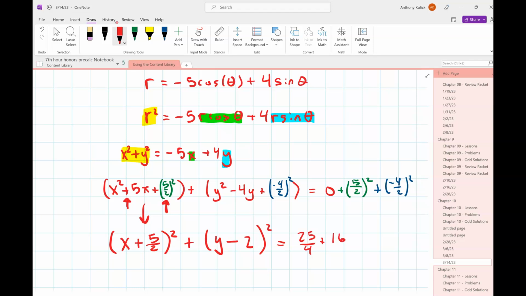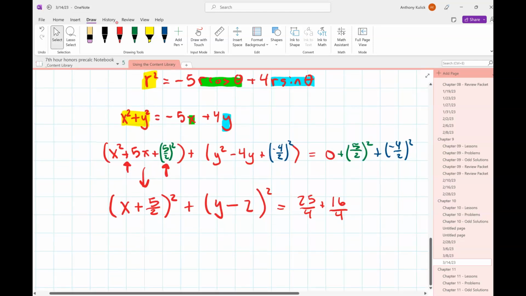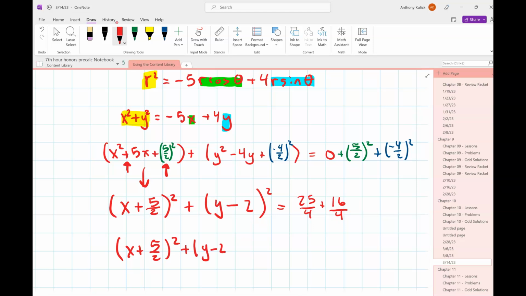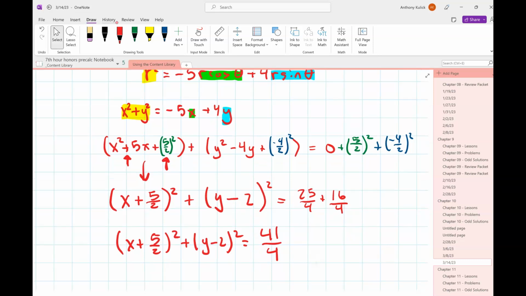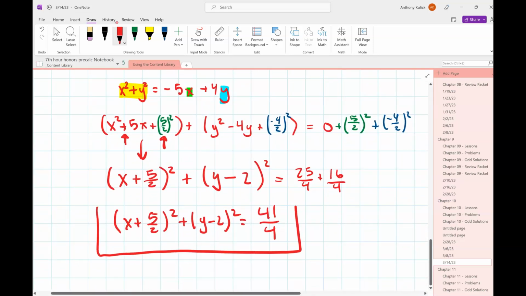And if I make a common denominator with a 4, that's really 16 over 4. So there we go. That's my rectangular equation.